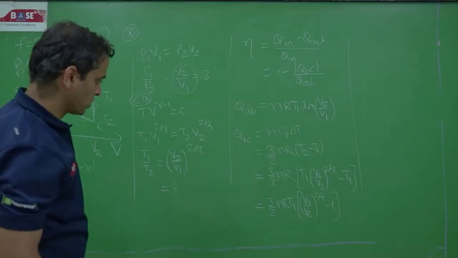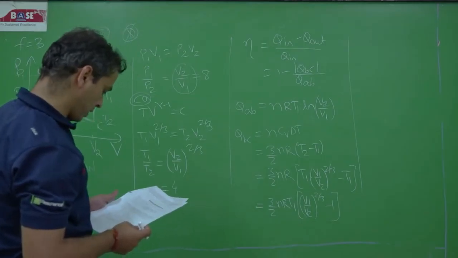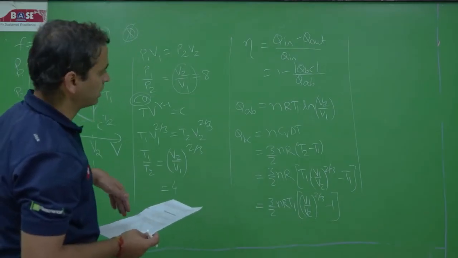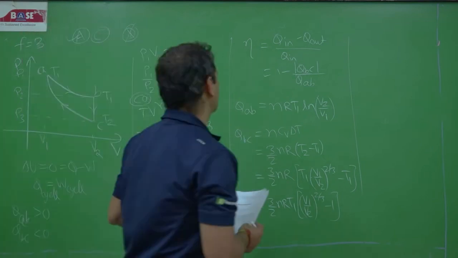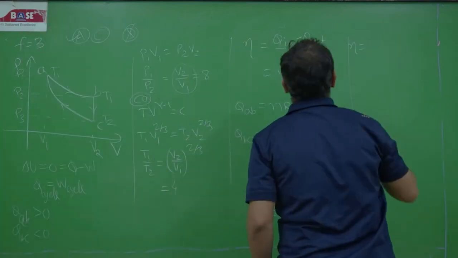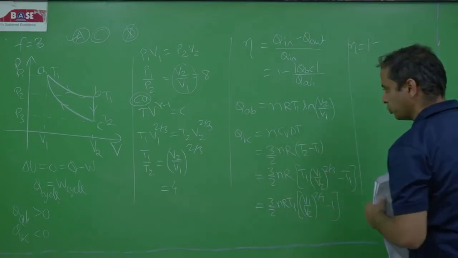We got this expression for QBC, but they are talking about a given value of V2 by V1, for which eta does not depend. They are not asking us for values. They're just asking whether it depends or not. Let's just get the expression. So eta equals 1 minus mod of QBC.